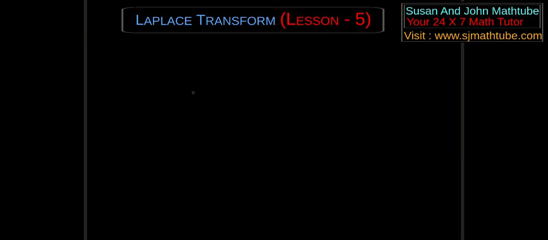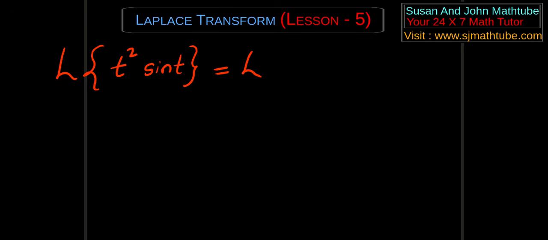Okay, now another question. Find the Laplace of t square into sine t. So what are we going to find? We are going to find the Laplace of t square into sine t. So I am going to write something that will be an advantage for you. T into sine t.